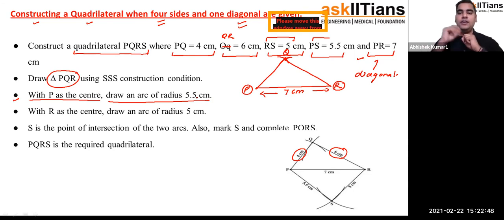I repeat, assume P to be the center, and draw an arc of length 5.5 centimeter below PR, like this. Understood? Let me know when this is done.